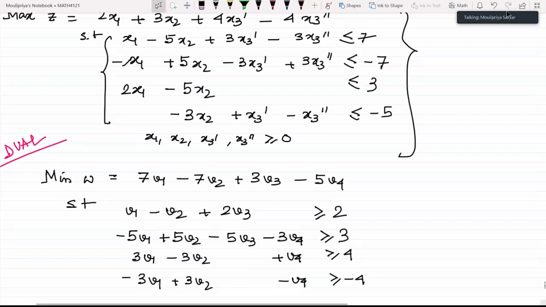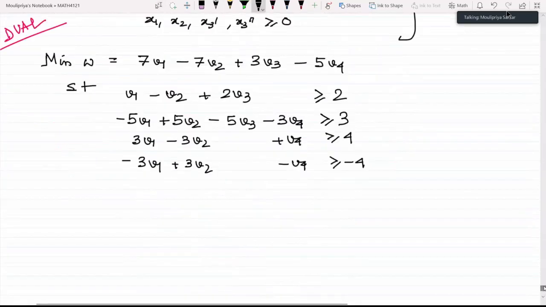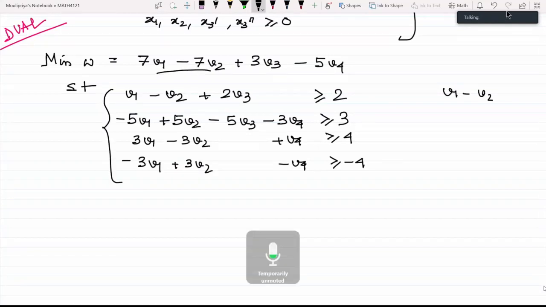Now, some changes can be done. What we find is v1 minus v2 is appearing everywhere, be it the objective function or all the constraints. So v1 and v2 can be clubbed together.